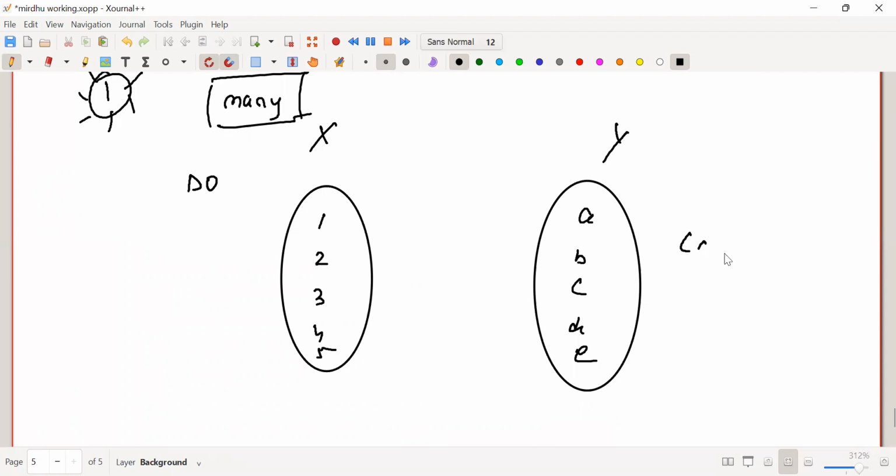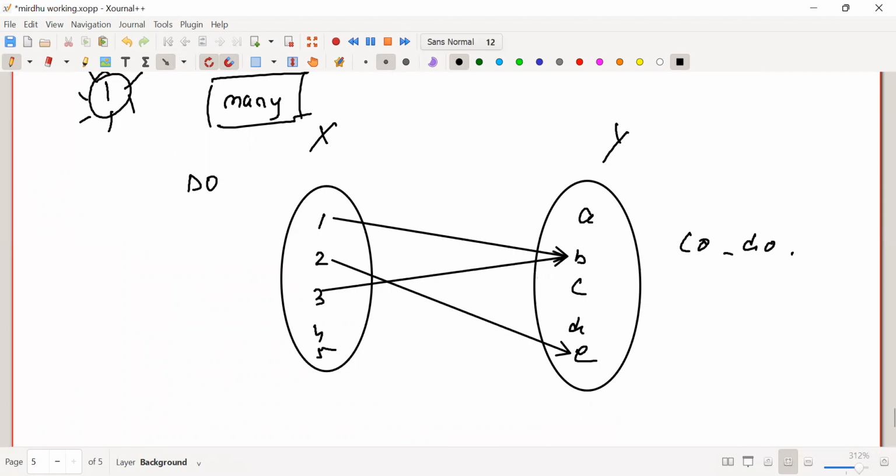Y is known as the codomain. The relation is 1 to B, 2 to A, 3 to B, 4 to E, 5 to B. So everything is mapped.